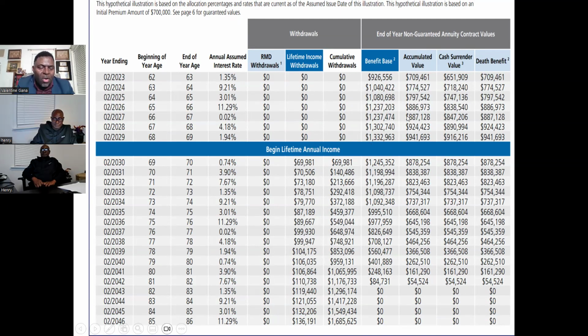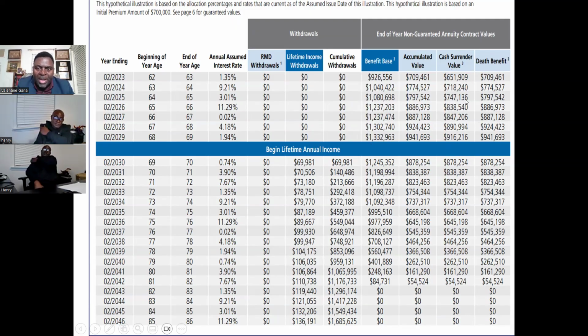Based on this contractual agreement, they are paying us a bonus of 30% into this annuity on the money we brought in. So the benefit base is 926. But this is what we call the cash surrender. If you decide that you want to surrender this annuity, this is the money that you will get: 651.